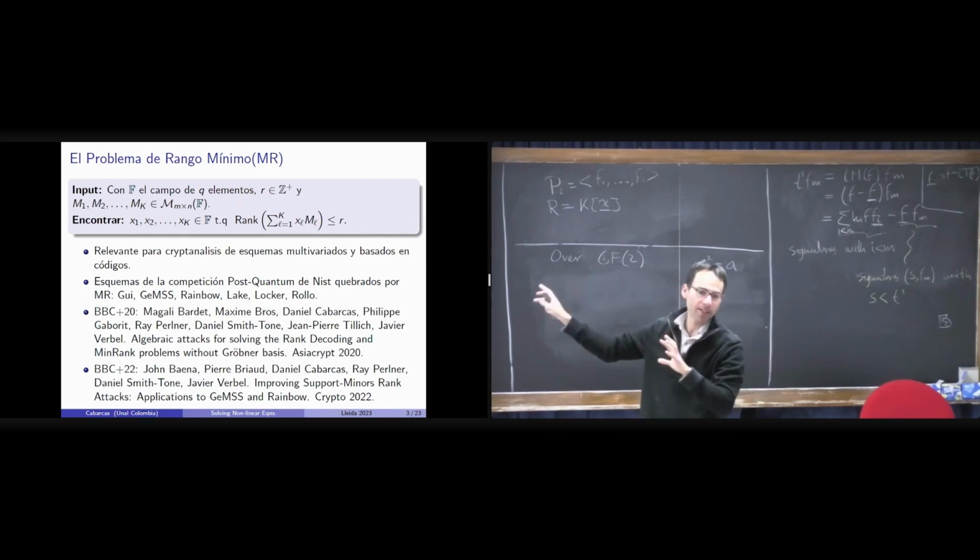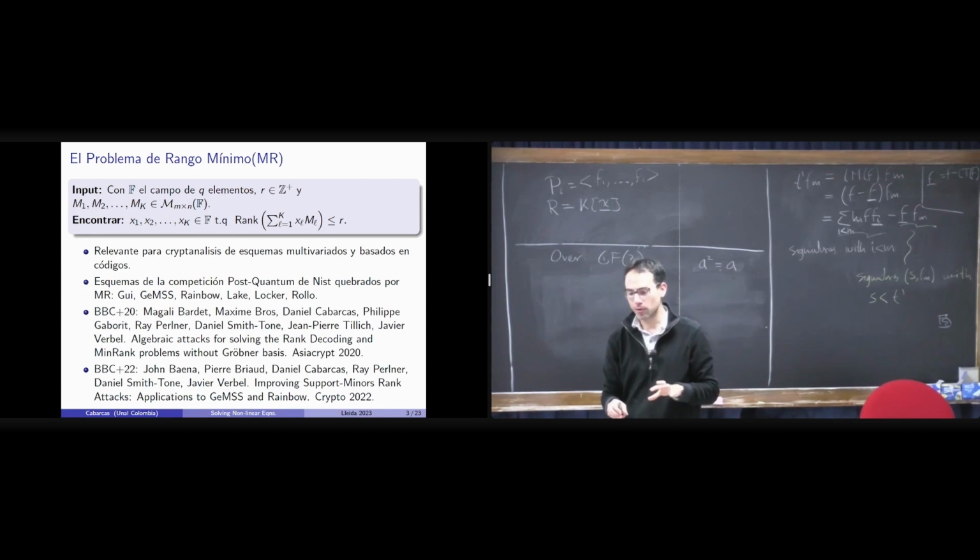For this particular system, we were able to use the structure of the system that we know. Because we know the structure of the system, we know the structure of the matrix, and we were able to do most of the computation locally.